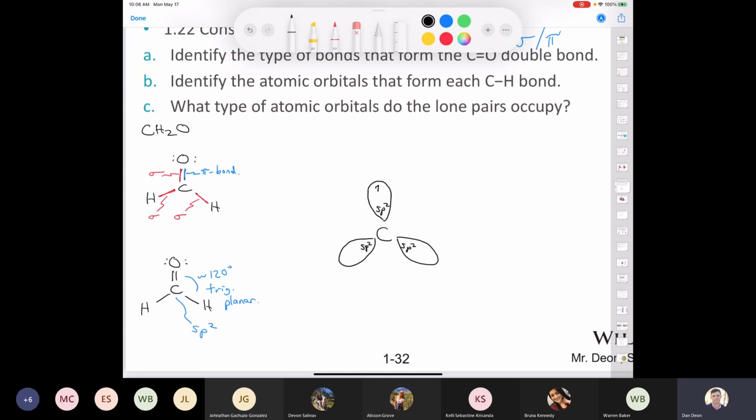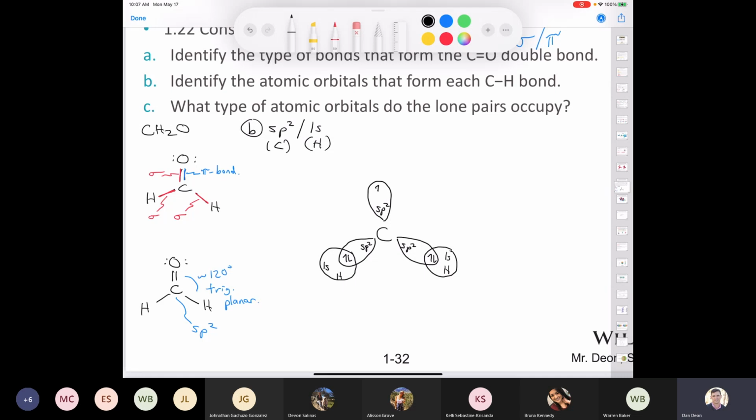Each one is going to have an unpaired electron in it. So when the hydrogen overlaps, hydrogen doesn't hybridize. You have the 1s orbital, and it's going to have an unpaired electron. That's our hydrogen. Here's another hydrogen, a 1s orbital with 1 unpaired electron. And so the answer to B is you have an sp2 from the carbon, which is overlapping with a 1s from the hydrogen, right? This is from the carbon, and this is from the hydrogen, like that.